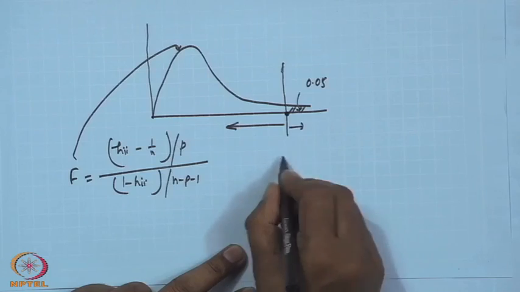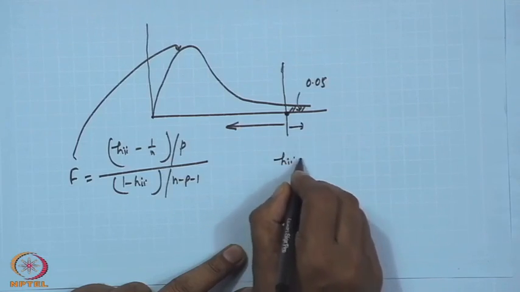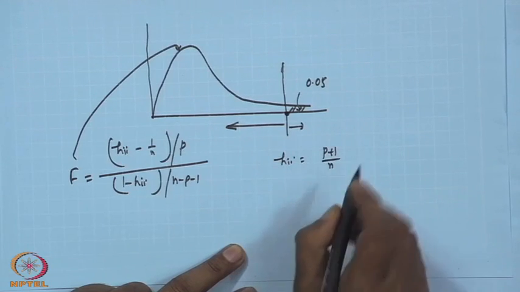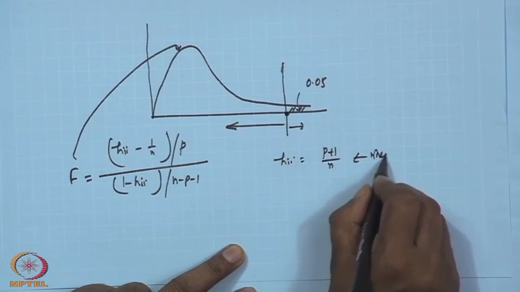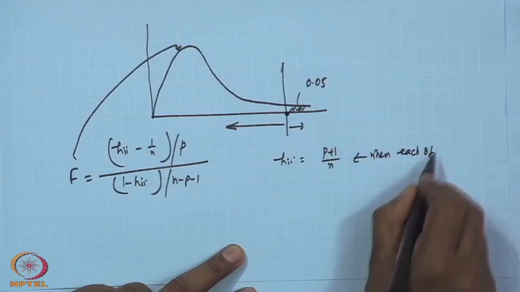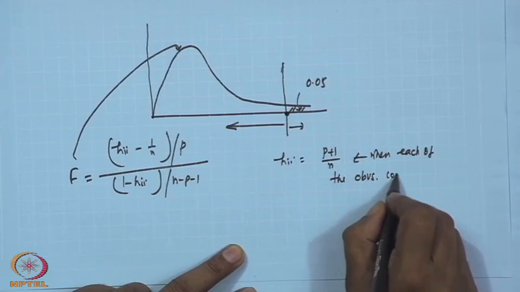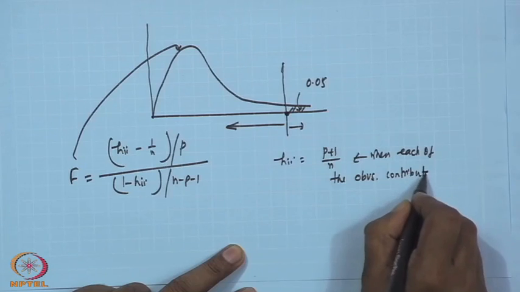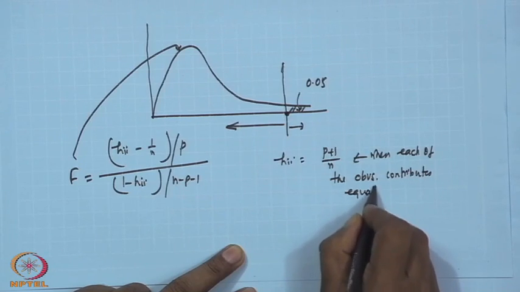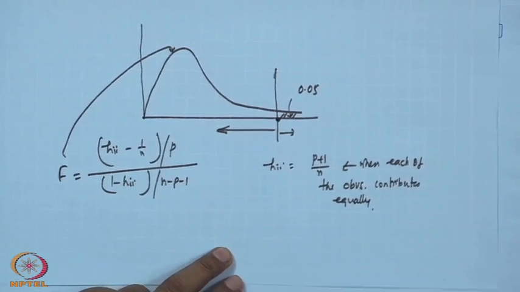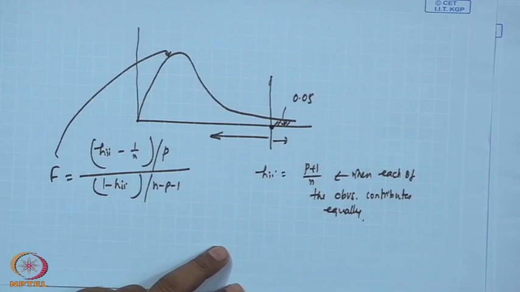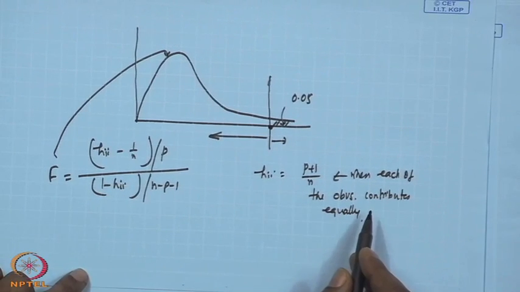So, Hii equals (p plus 1) by n when each of the observations contributes equally, which we want also, but it is not always possible.